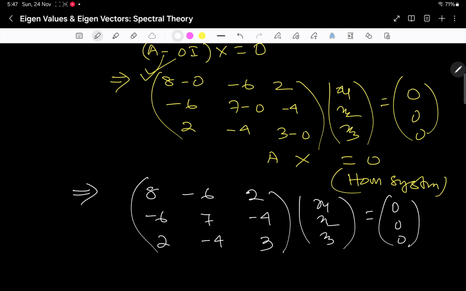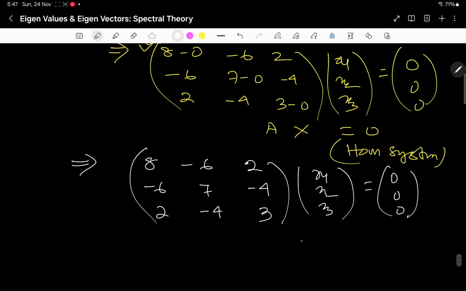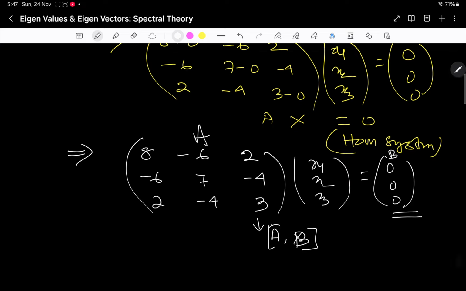If I think of the augmented matrix, A together with b, there will be no change in b, because all elements of b are 0. Any operation will lead to the same thing.